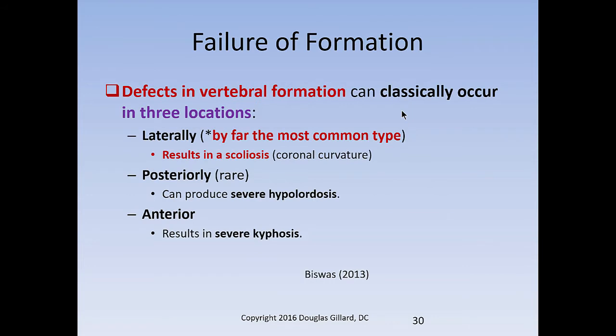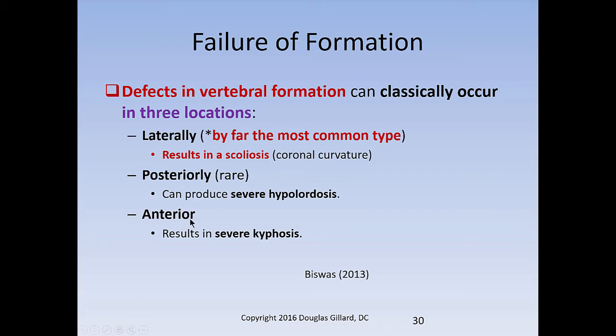Defects in vertebral formation can classically occur in 3 locations. So almost always these are lateral defects. So these result in our coronal scoliosis. That's what we're going to focus on. We're not going to worry too much about these others, but there's an anterior defect.